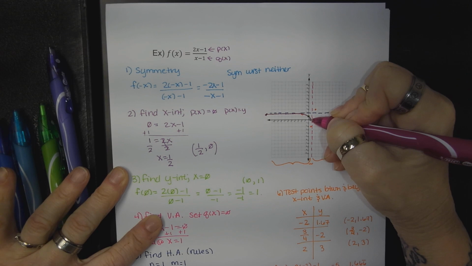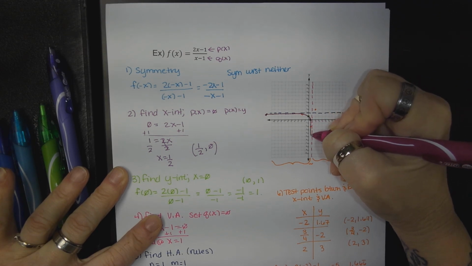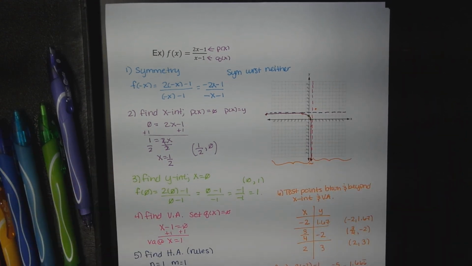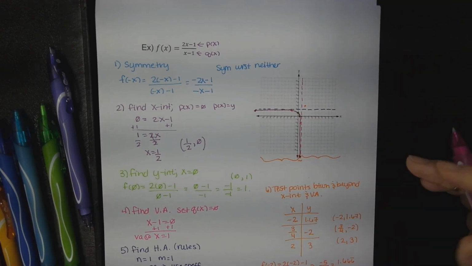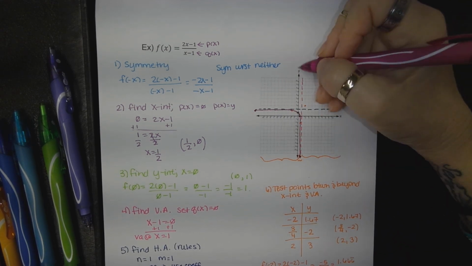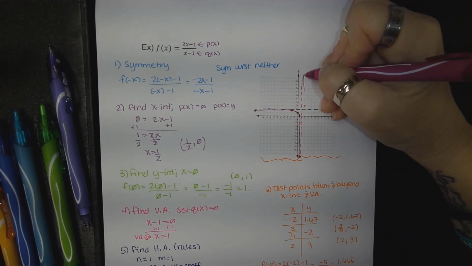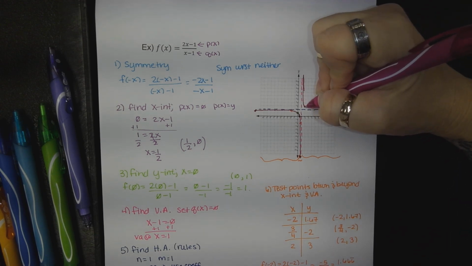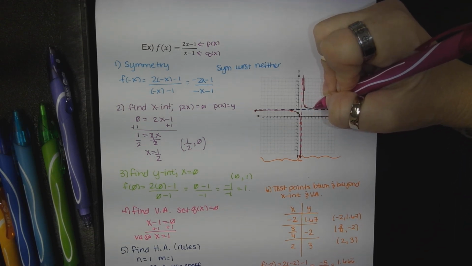Here it's getting infinitesimally closer, but it will not touch either of these on this graph. We know it cannot touch the vertical one ever. It can't cross the horizontal, but it does not this time. And this one comes infinitesimally close here, and it's going to make a turn, touch that point, and then turn this way.